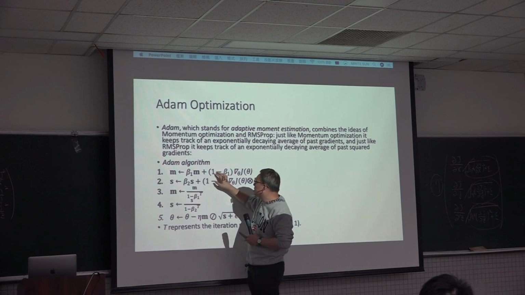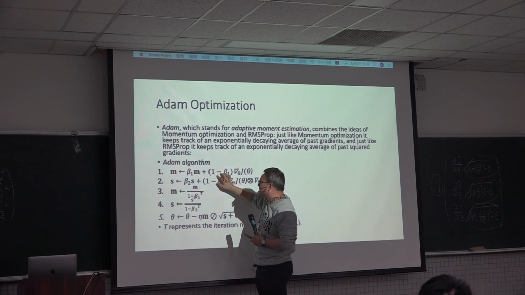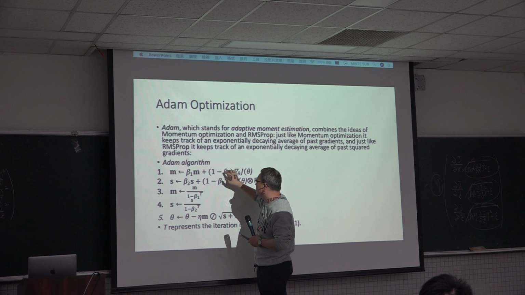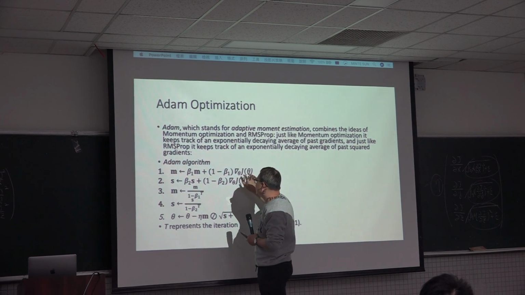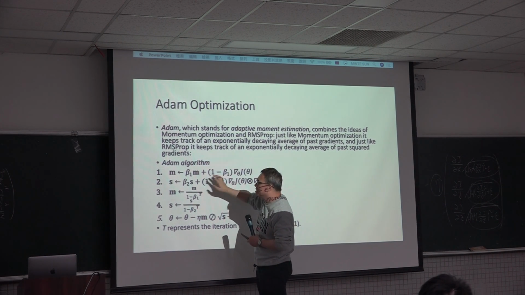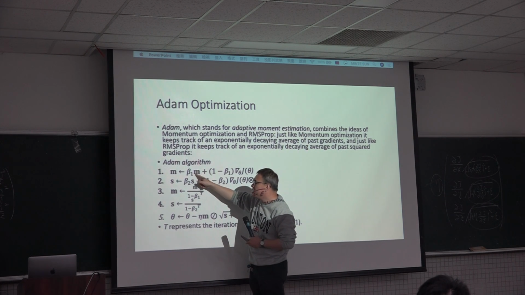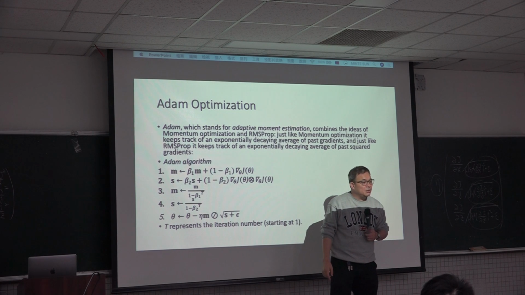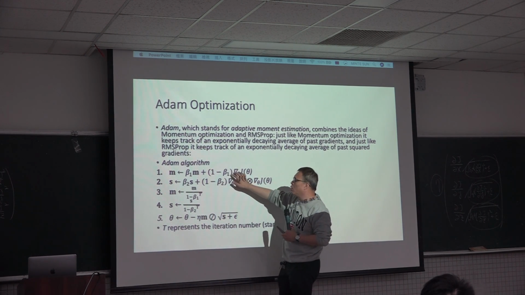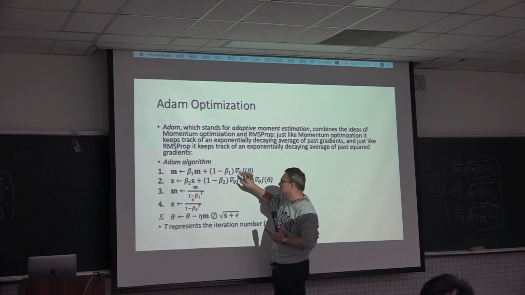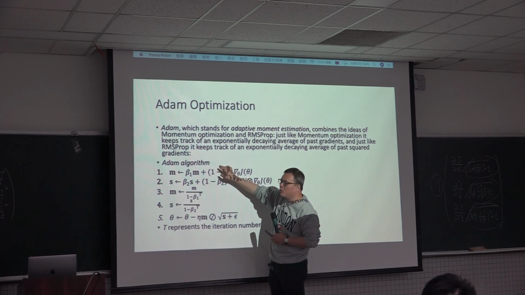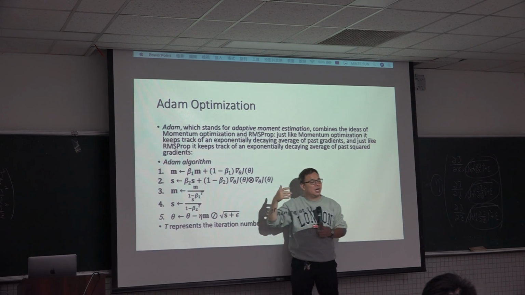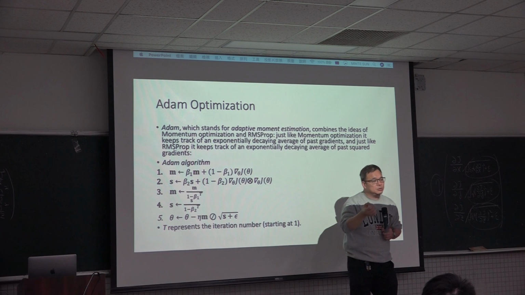1 minus 0.9 is going to be 0.1, right? So 0.1 times this gradient. But remember, this one was 0 at the beginning, so this thing is multiplied by only 0.1. It gets discounted to be a little bit too small.